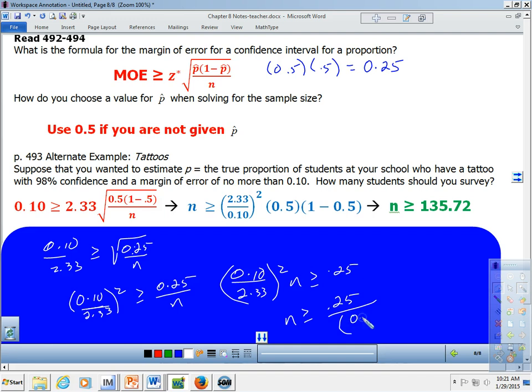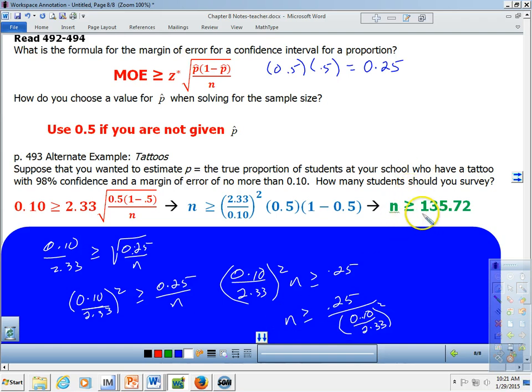And because we're just going to type this into our calculator, I'm going to write it out even though it's not good mathematics. Okay? And then just type all of this and make sure you're following order of operations. And my guess is you're going to do some of these in steps. So divide 0.1 by 2.33, that's going to be one step. And then square it, right? And then take 0.25 and divide it by whatever you get when you square that quotient. And that will give you your n.